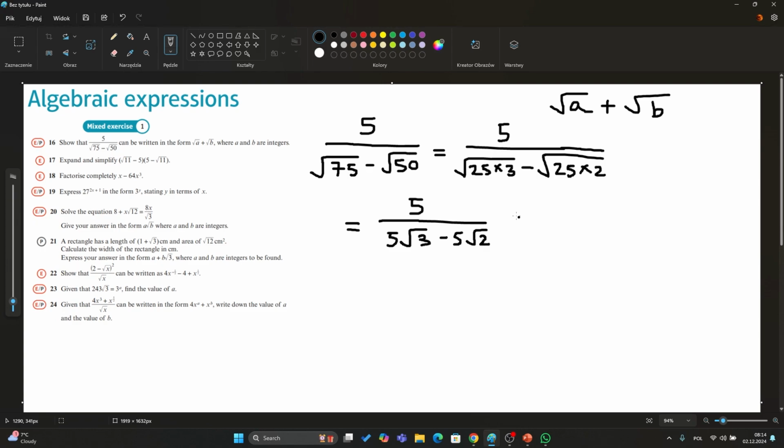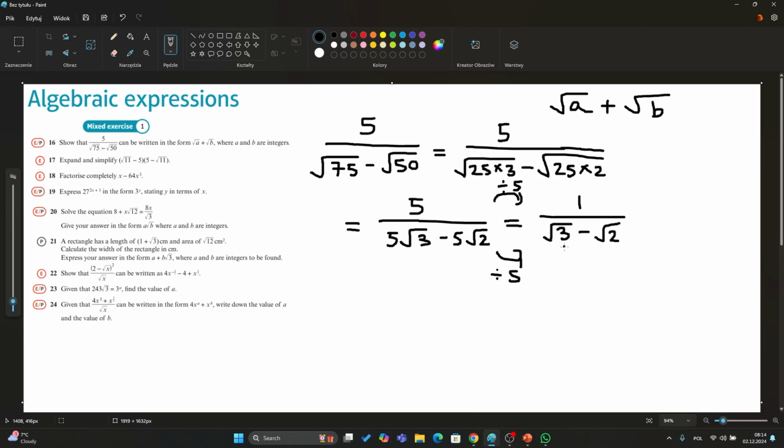And now I can divide the whole thing, the top and the bottom, by 5, to get 1 over square root of 3 minus square root of 2.